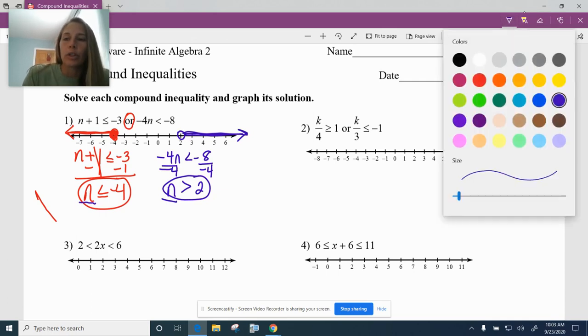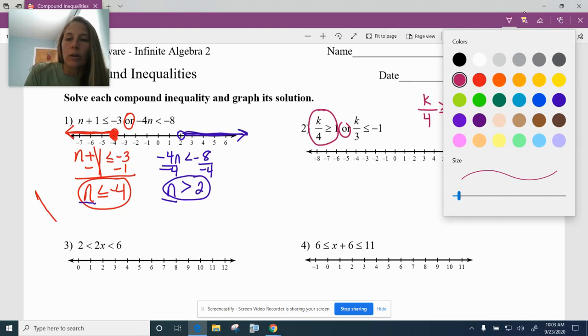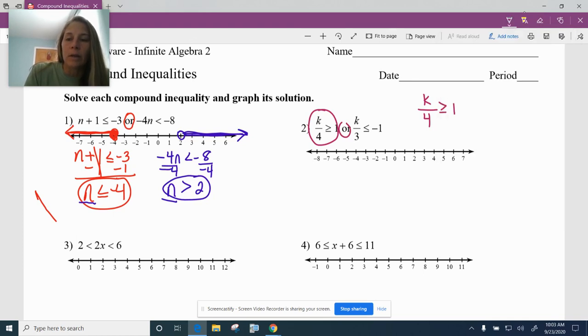Okay, so number 2, this one here is also an or problem, but we have a fraction. So I'm going to go over this one because I know fractions can kind of throw people a little bit. Now, if I want to get rid of my fraction here, since I'm dividing, k divided by 4, the inverse operation there would be to multiply by 4.